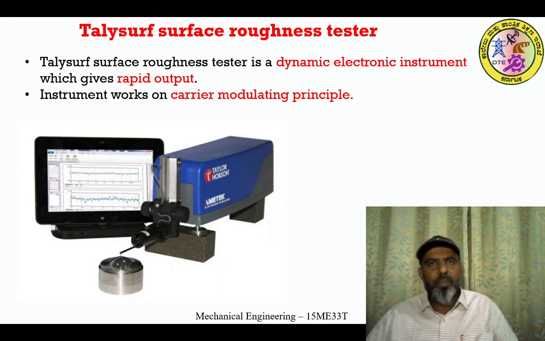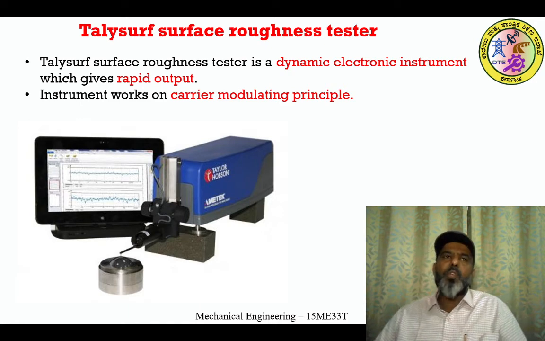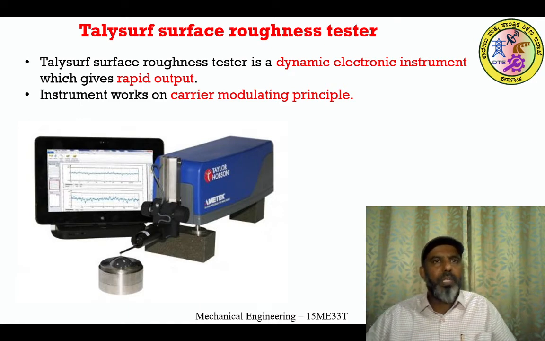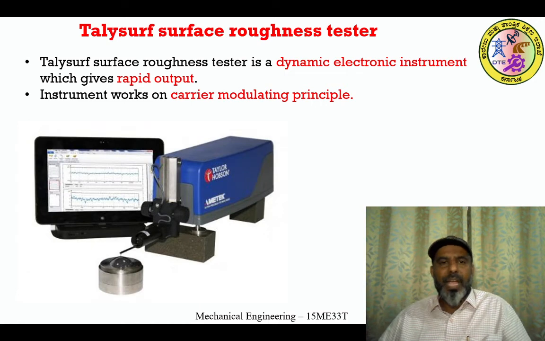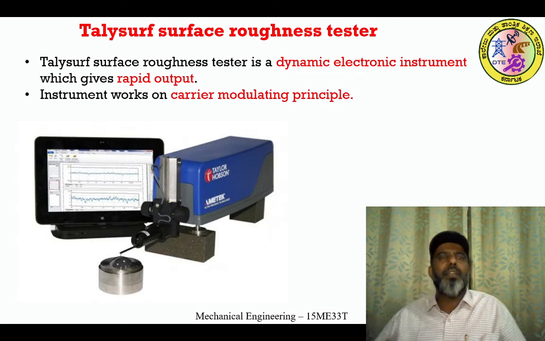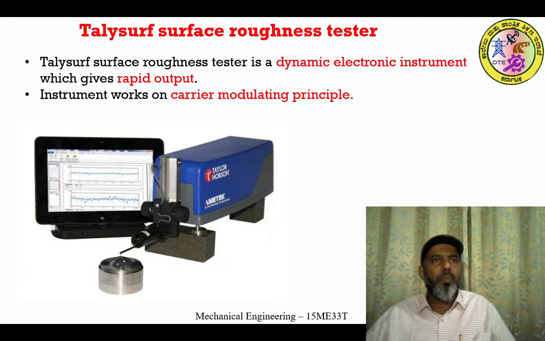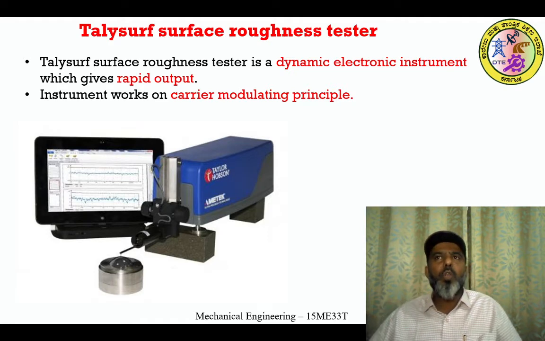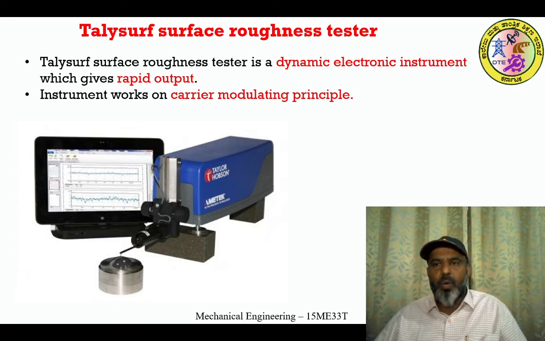The further processing is required because the instrument may be operated at different voltages or may have different frequencies, and these different frequencies generate different waves. Because of this frequency, the generated signals may not be proper. They are further processed to have a smoothened surface waveform, and the principle followed to obtain the smooth and finer waveform is called the carrier modulating principle.